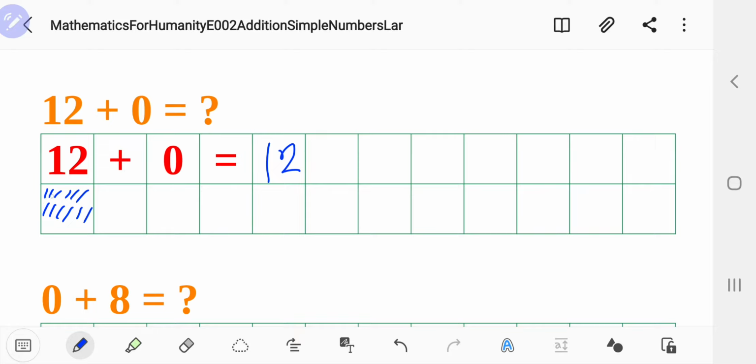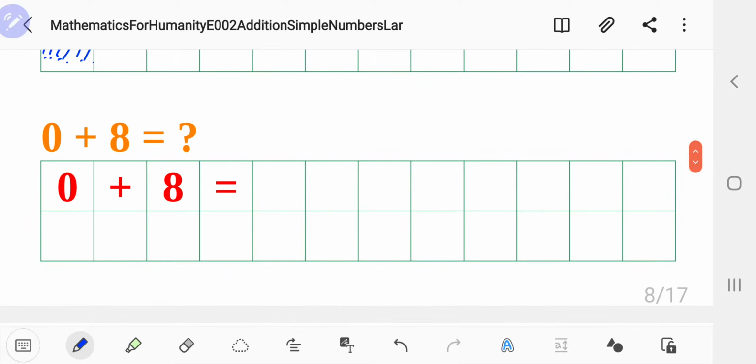Because if you count 1, 2, 3, 4, 5, 6, 7, 8, 9, 10, 11, 12. As I've said, this is also the rule that we mentioned earlier. Adding 0 to a number gives the same number.